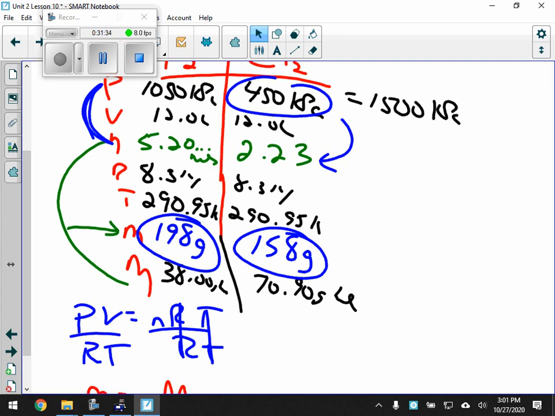It has to be, because that's the only thing that's changing. What I do want to point out here is there is no relationship between the masses and the pressures, or the masses and anything else here. That is a completely different animal, because now you're bringing in specifically what type of gas it is.